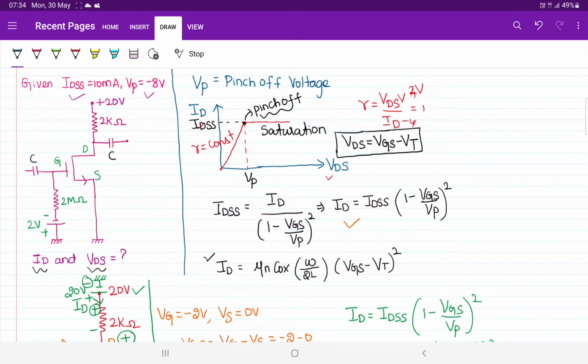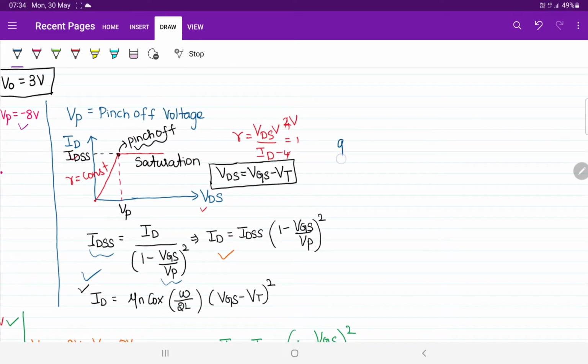In the last session, we observed one different question and saw how to calculate the value of drain current in terms of IDSS and pinch-off voltage VP. In the same fashion, suppose in the same question you are requested to calculate the value of transconductance gm, then how do you calculate that?